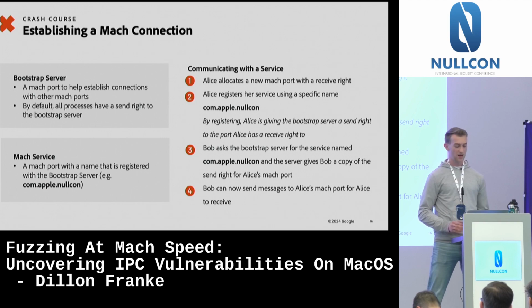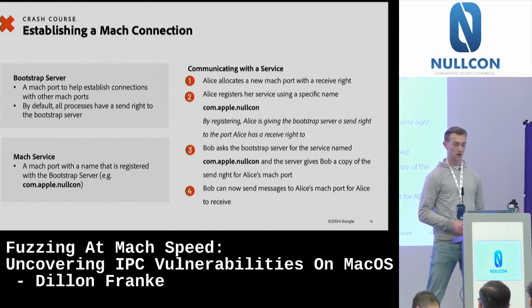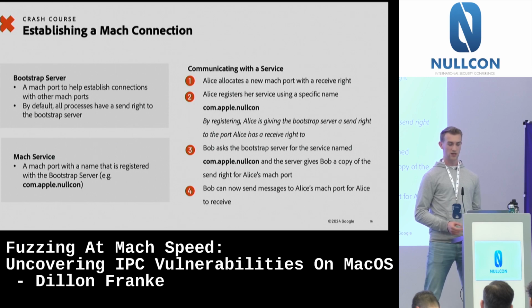So if Alice, say, wanted to spin up a service and then allow people to talk to that service, she could allocate a new Mach port with a receive right and then register her service with the bootstrap server using com.apple.nullcon. By registering that service name, Alice is giving the bootstrap server a send right to that port that Alice has a receive right to.